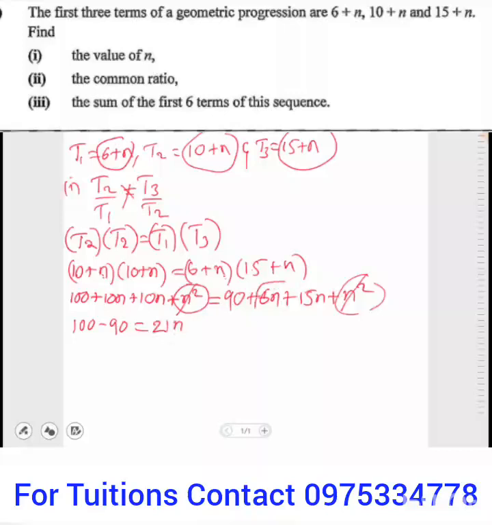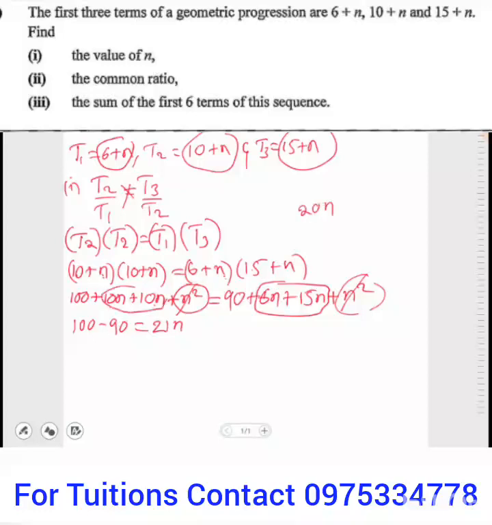I've just added this here. Then you know that here this is 10n and 10n. What is 10n plus 10n? You have 20n.